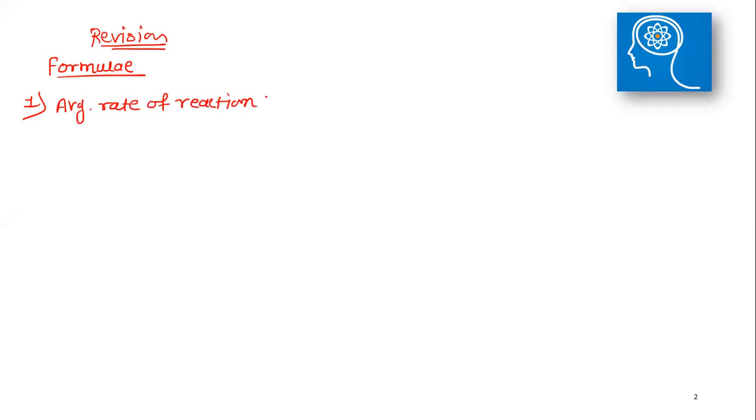We can represent the average rate of reaction as R average. The average rate of reaction is equal to the total change in concentration of a species upon the time taken for the change, that is delta T. This is the average rate of the reaction.